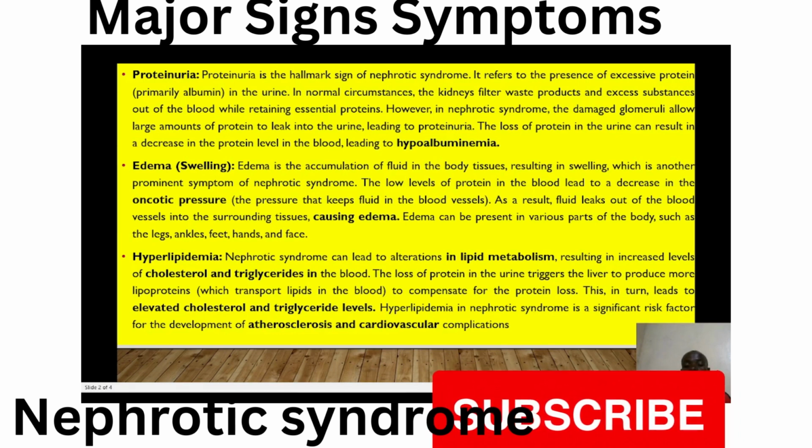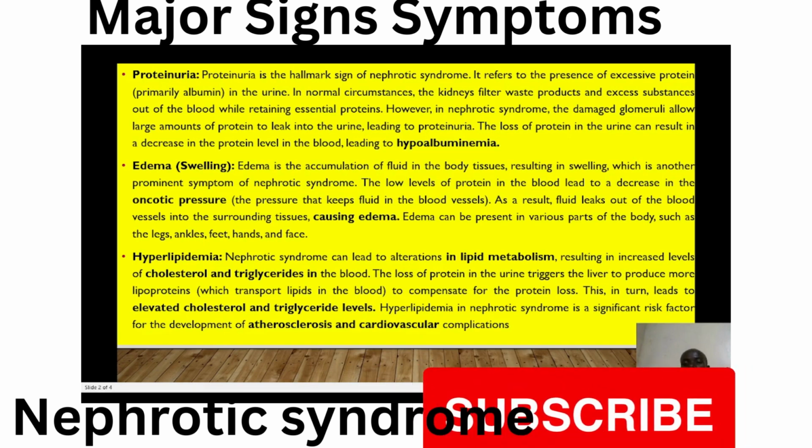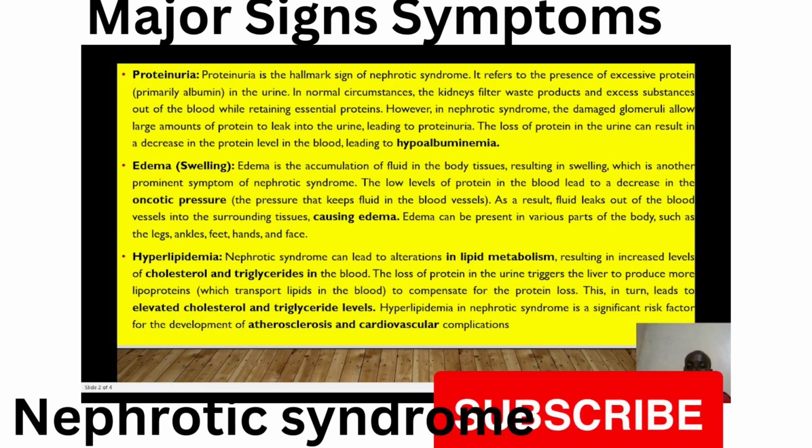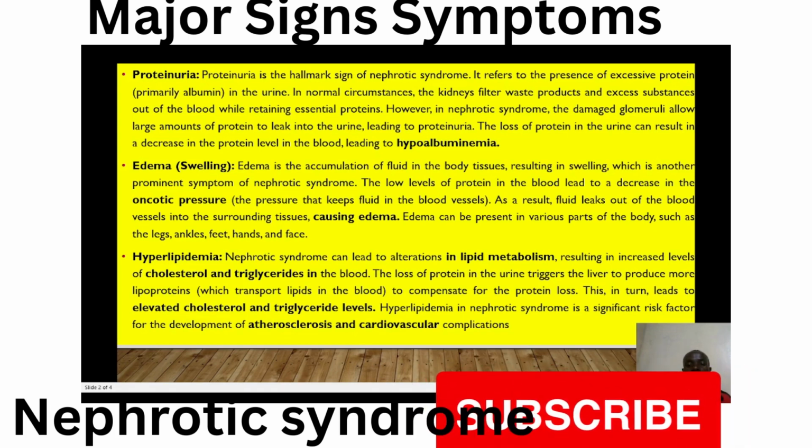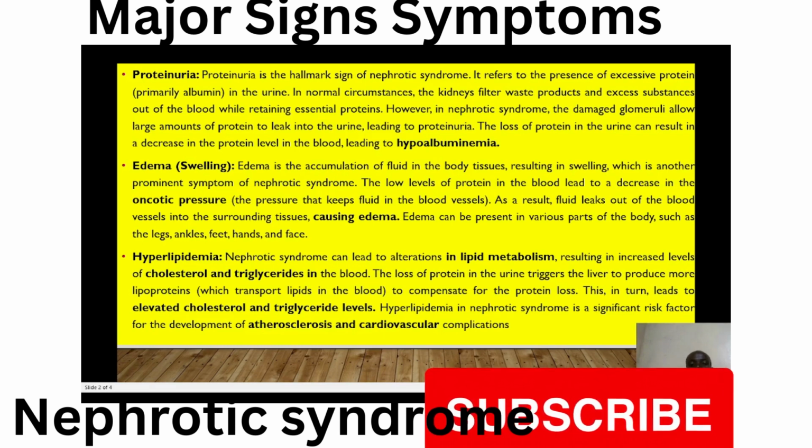Normally we have compensation in the body, whereby the loss of protein in urine triggers the liver to produce more lipoproteins, which transport lipids to blood. This is to compensate for the protein loss, and this in turn leads to elevated cholesterol and triglycerides.